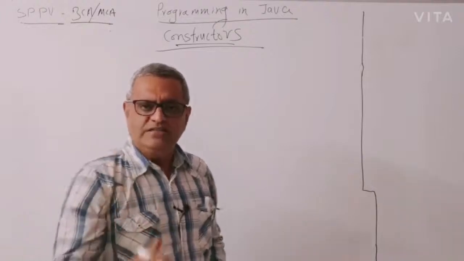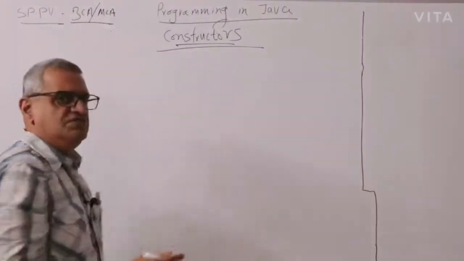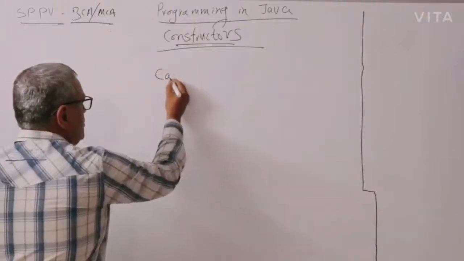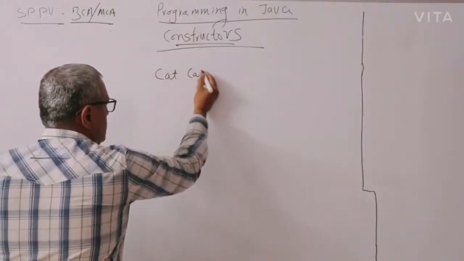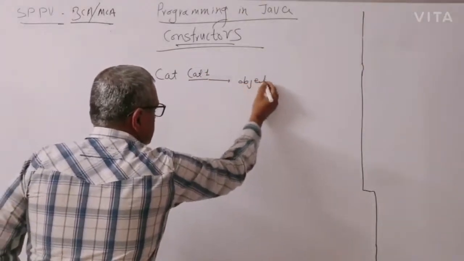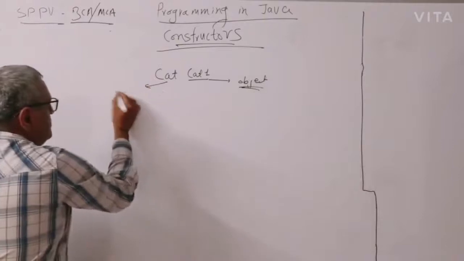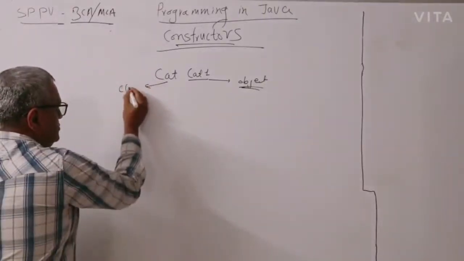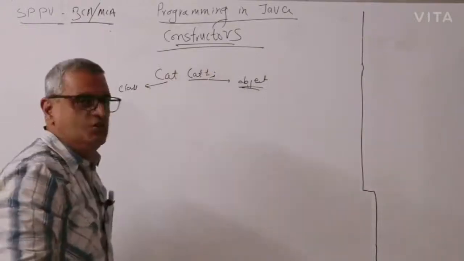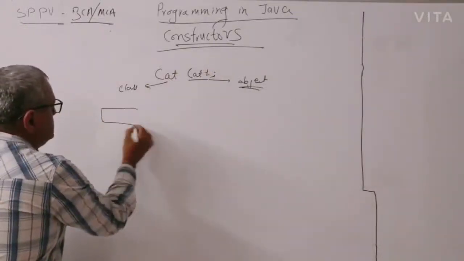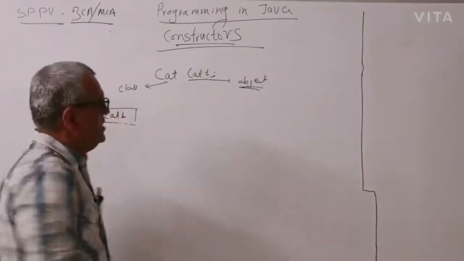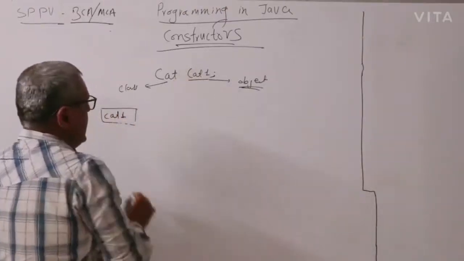Let us take an example, and these examples we have seen in our coding as well. Say my cat1 is an object and the type of that object is the Cat class. This statement declares a variable, and that variable name is cat1.